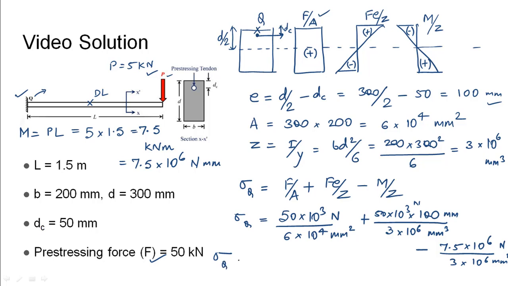This would give sigma Q as 0.83 plus 1.67 minus 2.5, which would be close to 0, and the magnitude will be Newton per mm square, that is essentially the same as megapascals.